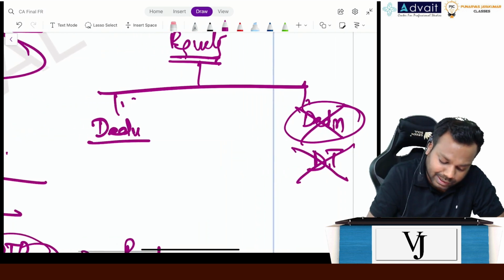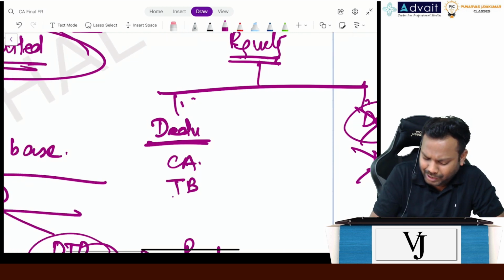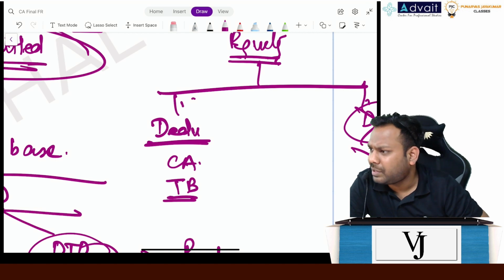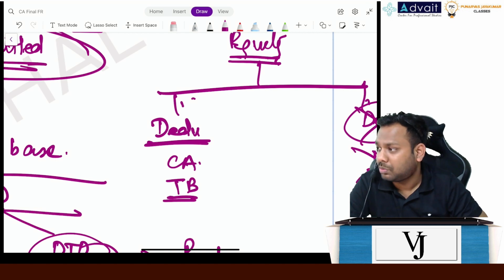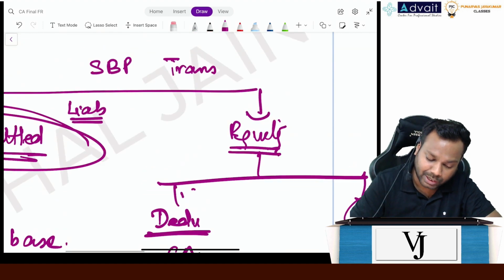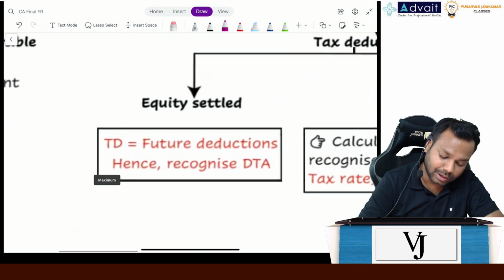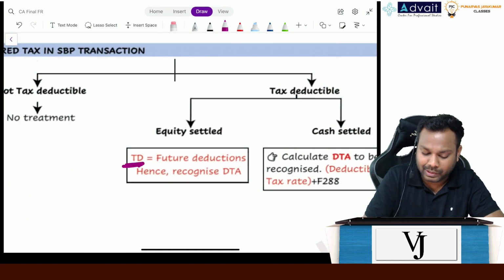But now, if it is deductible, equity, definitely we do have a carrying amount. But in Ind-AS 12, does it say about tax base of an equity? No, it says about asset, it says about liability, but not about tax base of an equity. So that's the reason why the standard directly says the temporary difference is the future deductions.